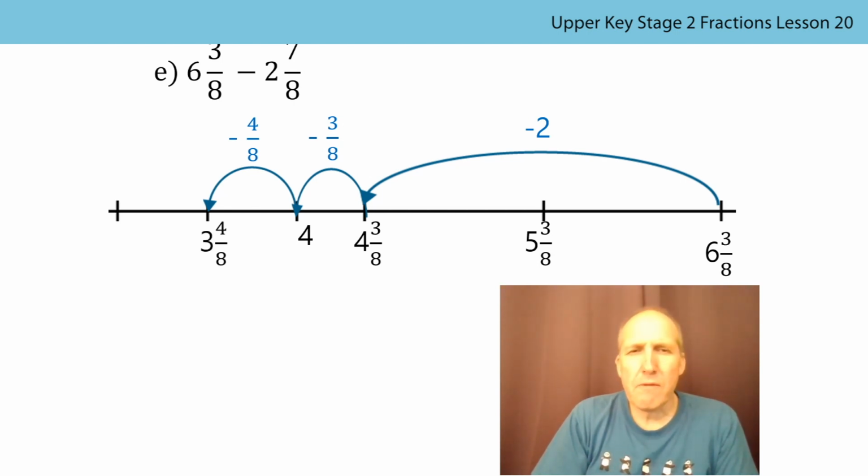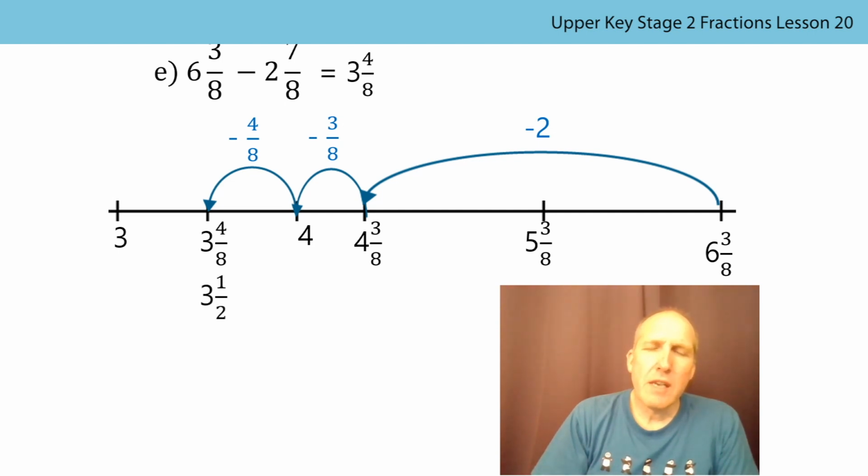Now, 3 4/8. What do you think there? I'm going to put the 3 in on this point on the number line. Is there a simpler way of writing that? Well, look, 3 4/8 is halfway between 3 and 4. That's it, you've got there already. 3 4/8 is equivalent to 3 1/2.